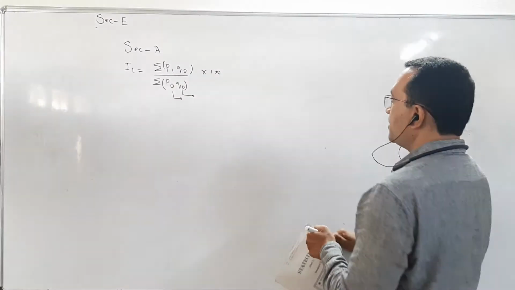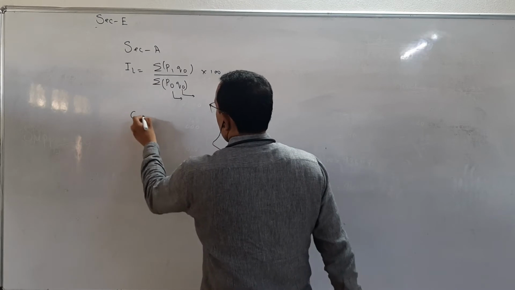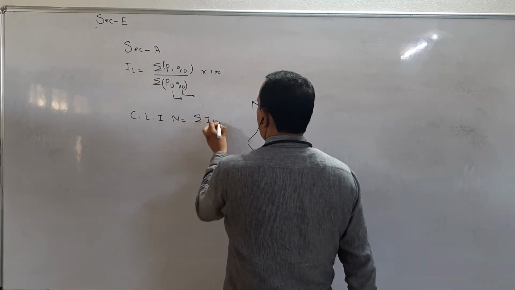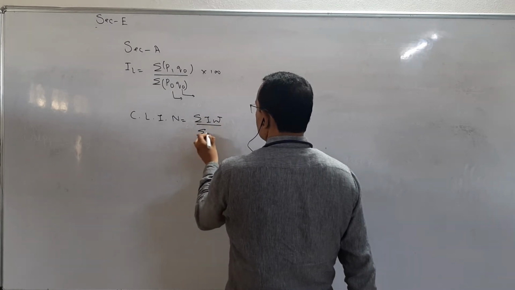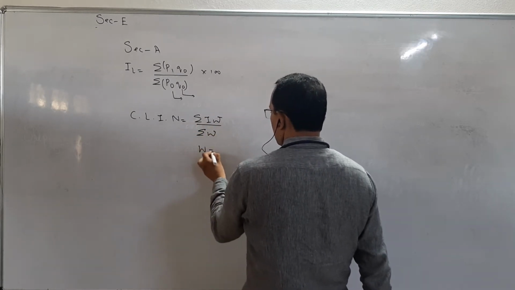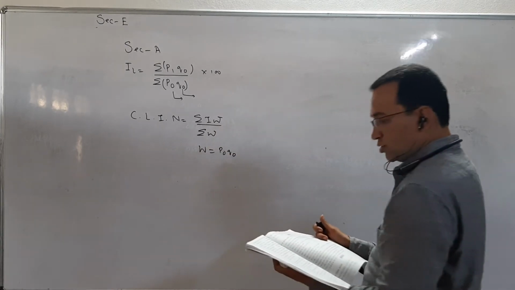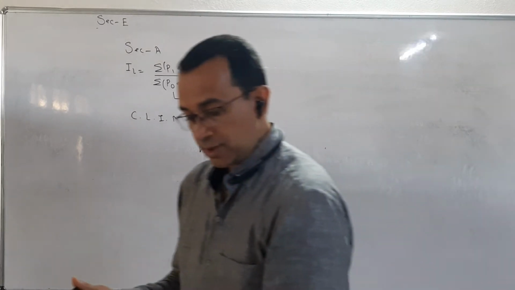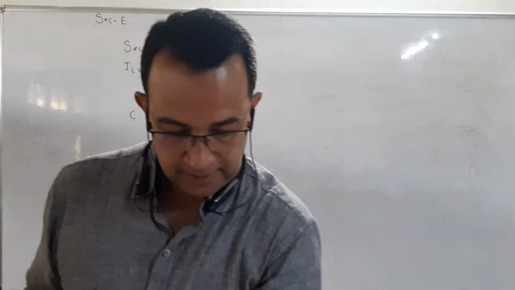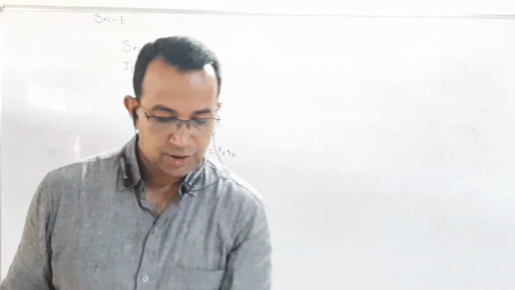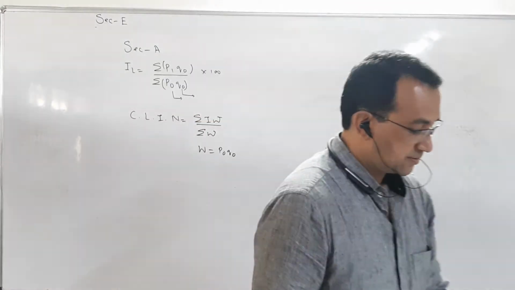In the family budget method, cost of living index number is sigma IW upon sigma W, and W is nothing but P0 Q0, which is the expenditure of base year.